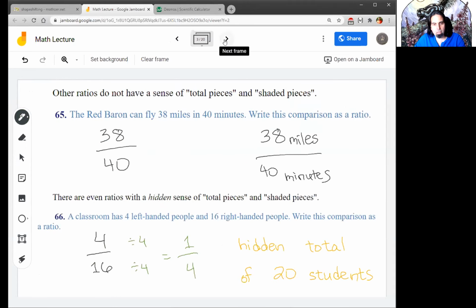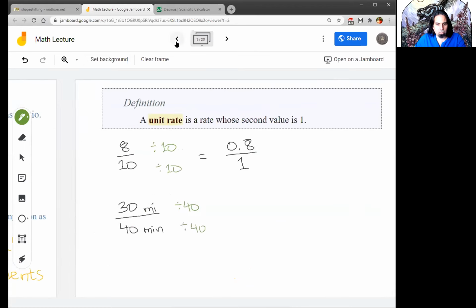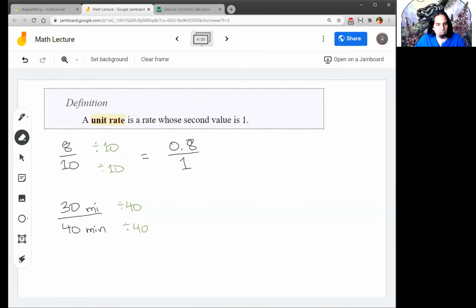Or if we had 38 miles and 40 minutes, I could again divide top and bottom by the denominator. You wrote 30. Yep, I'm dividing by the denominator for both. Oh, is it 30? Oh, 38. I see what you said. Thank you for correcting me. Now I actually have to get out my calculator.